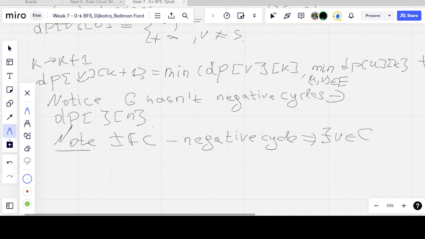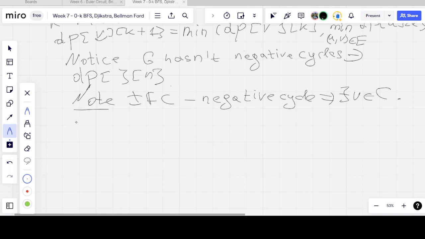In S, in C. For this vertex, dp[v][n] is less than dp[v][n-1]. Why is it true? Who can answer?